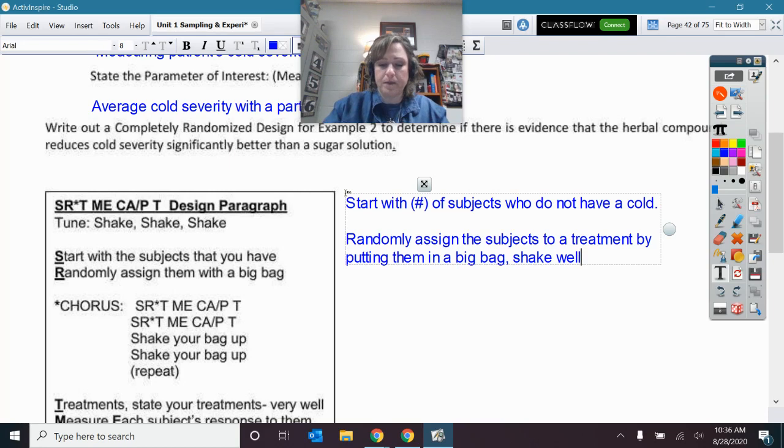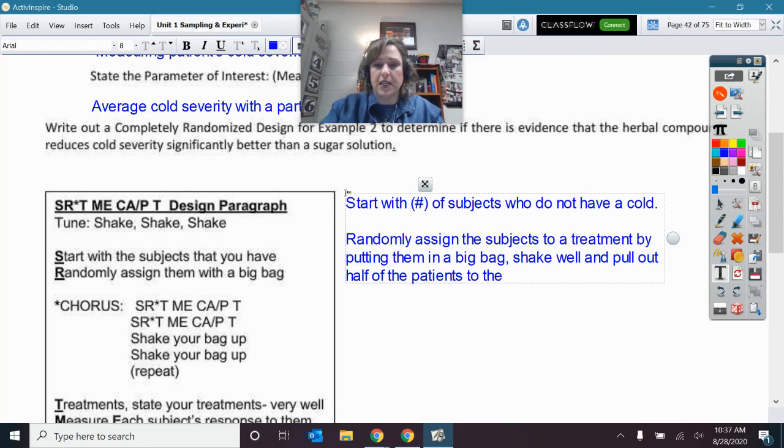Okay, putting them in a big bag. Shake well and pull out half of the patients. Oopsie. Half of the patients. Okay, so here's my treatments. State your treatments very well.